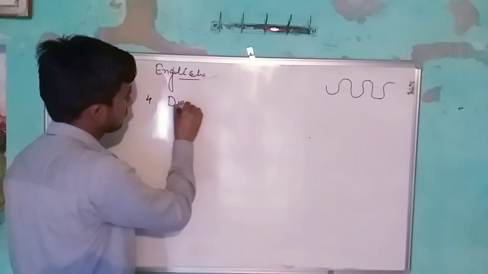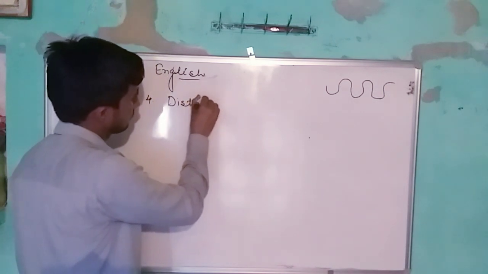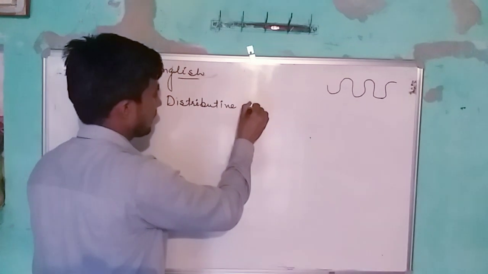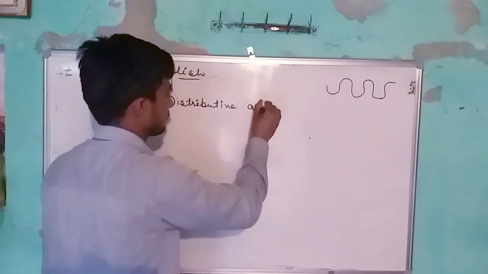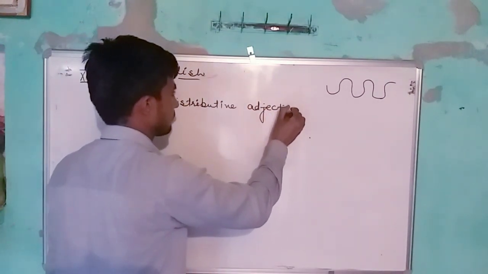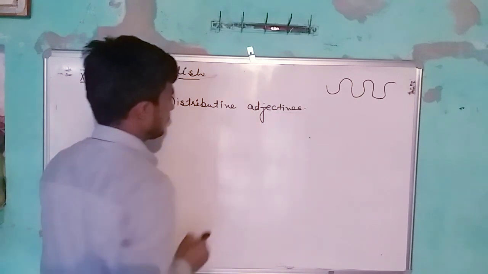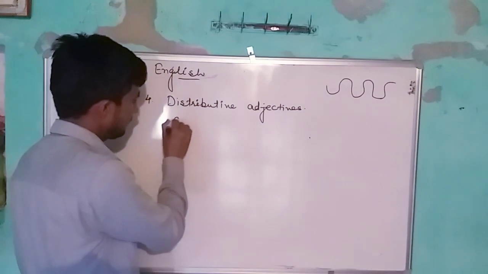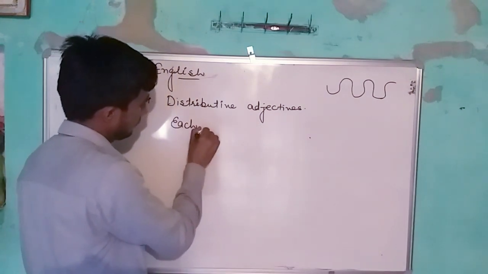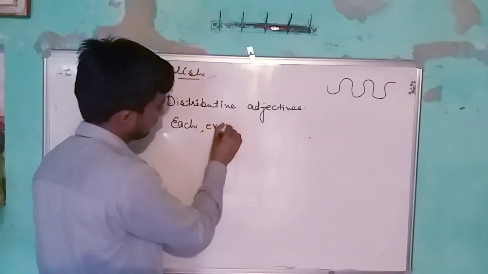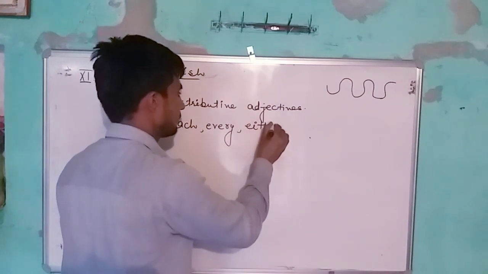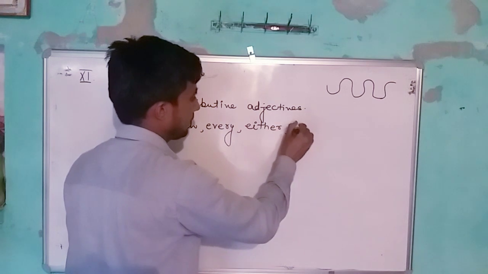Distributive adjectives. In distributive adjectives, there are four: each, every, either, and neither.